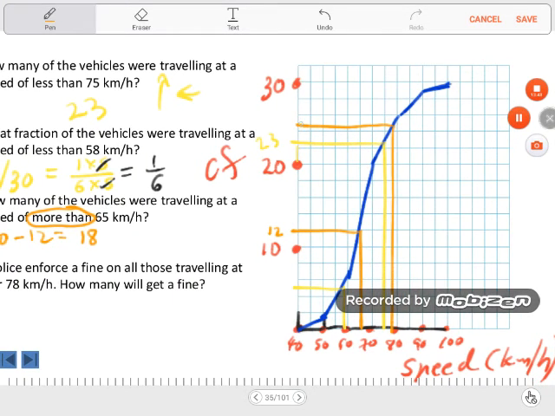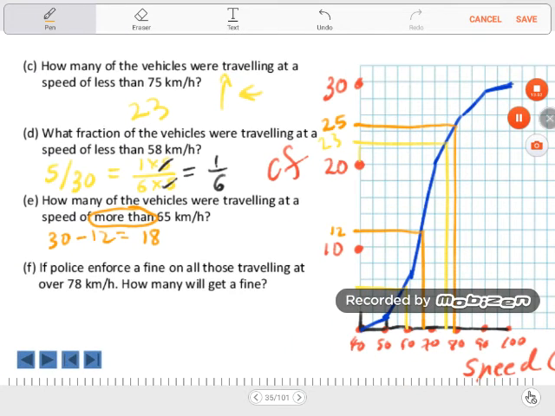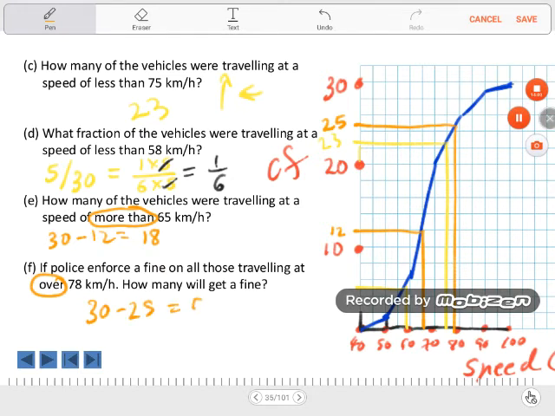And it's around about, say, I think 25. Okay, so 25 people were travelling at 78 or less. This is about asking about over that. So, of course, once again, we'll subtract that from the total number. So there were 5 people over 78 kilometres per hour. So 5 of the drivers would get a fine here.